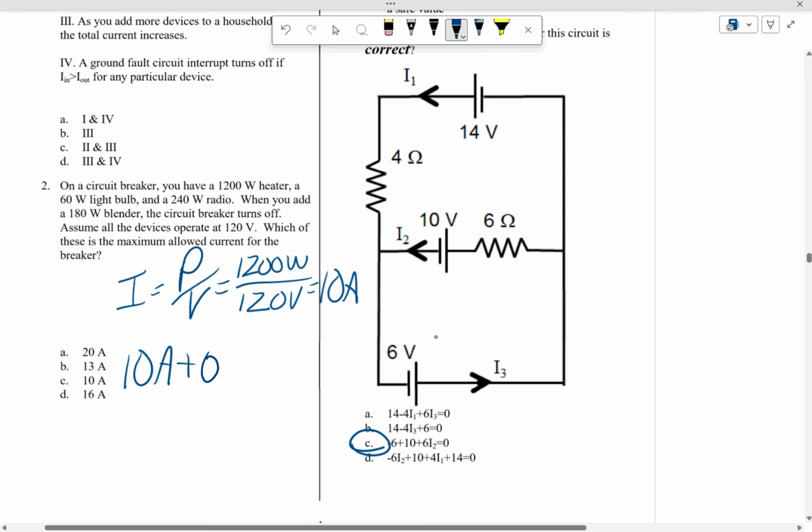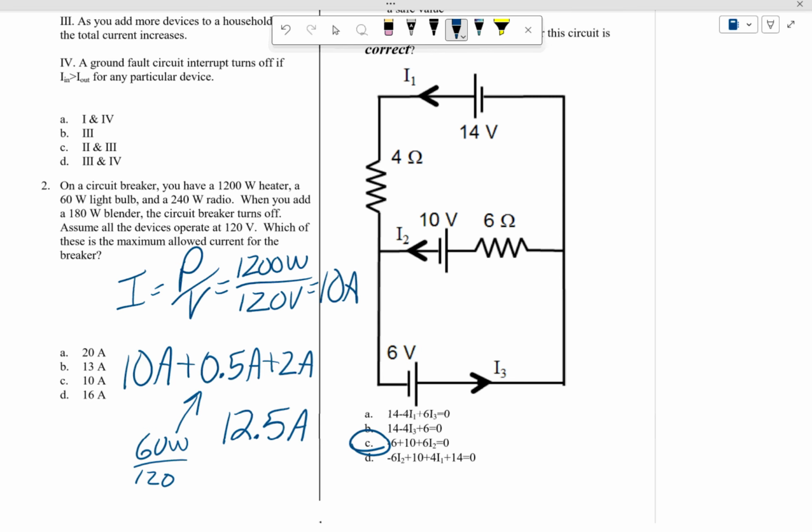So that's 0.5 amps. That's just 60 watts divided by 120. I tried to make the numbers easy. The 240 watt, that's 2 amps. That's 240 divided by 120. So that's 12.5 amps. Your circuit is chugging along just fine with 12.5 amps in it.